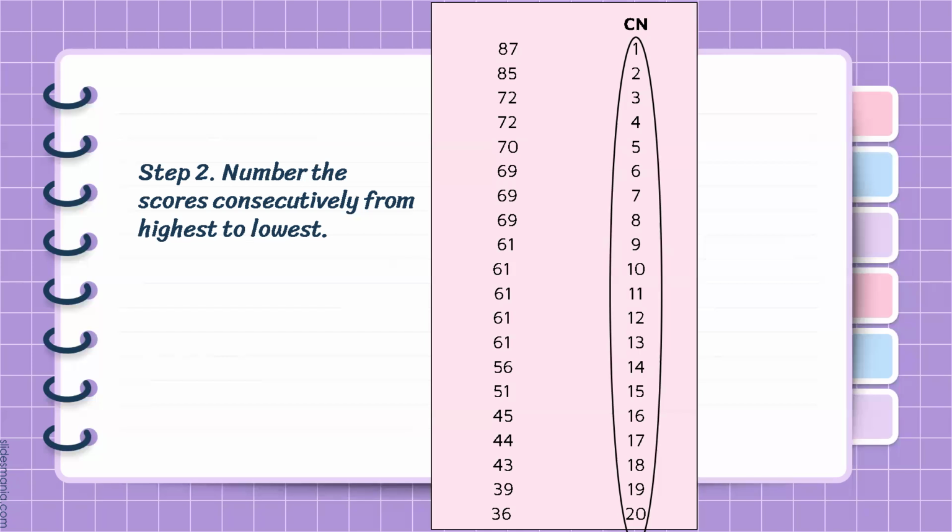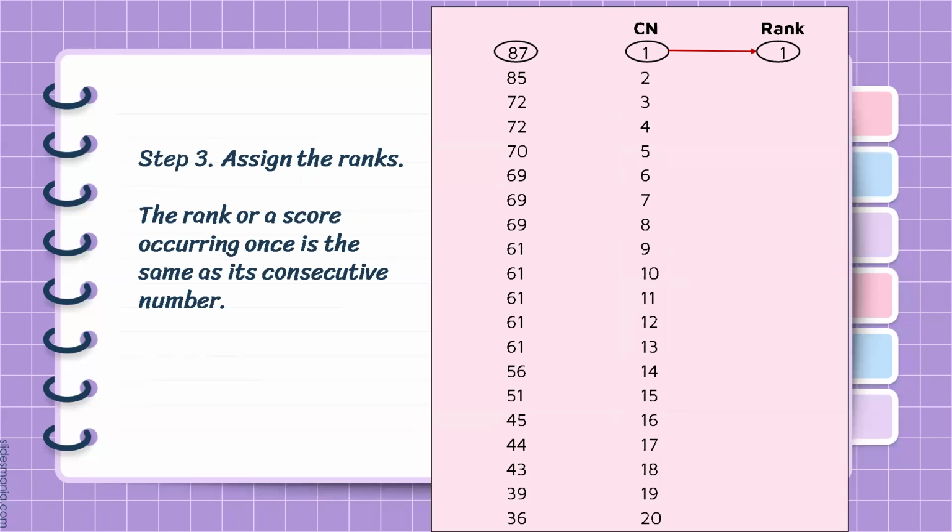This will show that we have 20 scores. That's why the bottommost consecutive number is 20. Step 3, assign the ranks. The rank of a score occurring once is the same as its consecutive number.